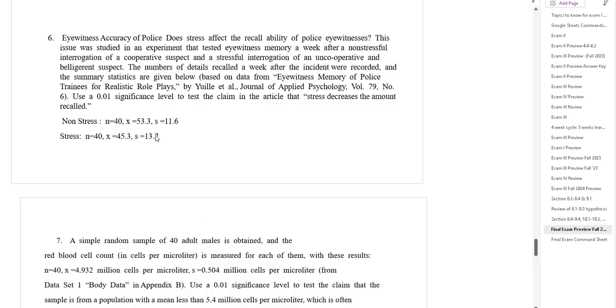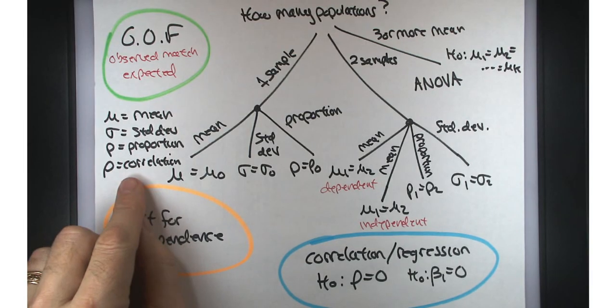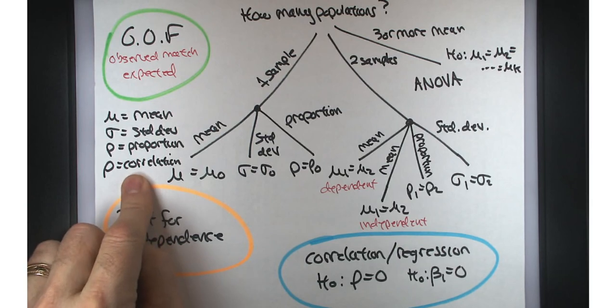So let's see. Use a 1% significance level to test a claim that stress decreases the amount recalled. Now, they're not overtly telling you what parameter we're using here, are they? So let's see if we can get it by process of elimination. Are they talking about a correlation here? No, not talking about how one correlates to the other.